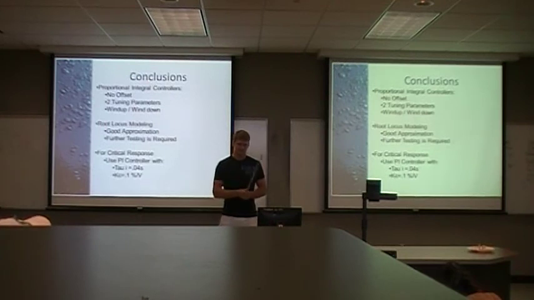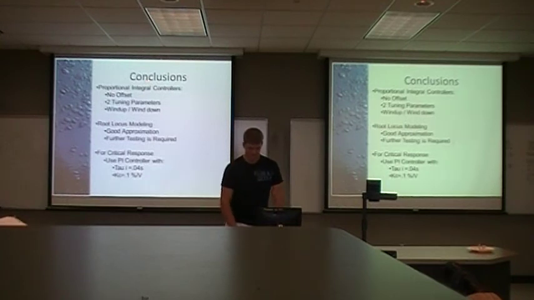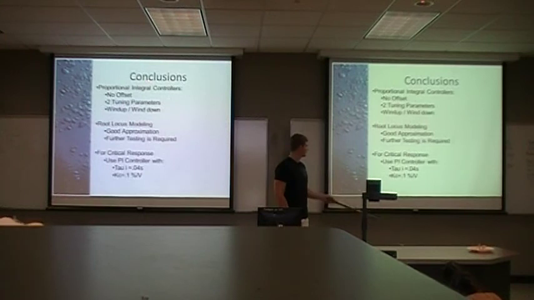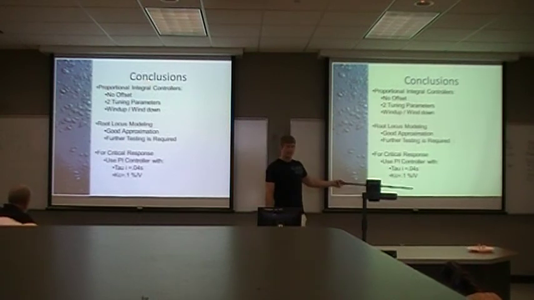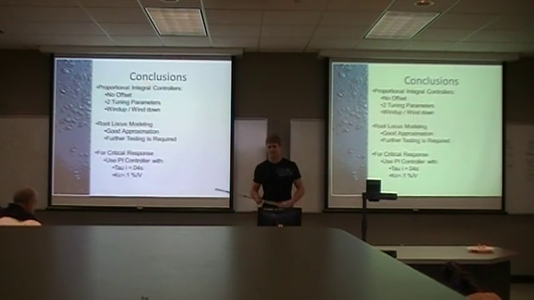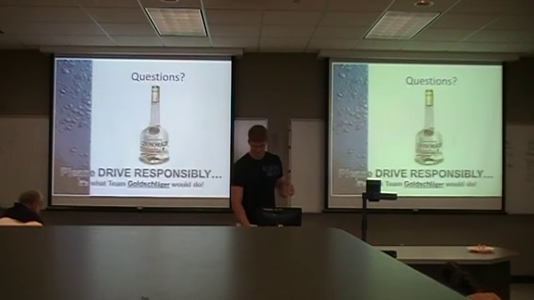But it's just a model, so further testing is required to find your better parameters. For a critical response, we at Goldschlager recommend using a tau sub I of 0.04 seconds with a Kc of 0.1. This will give you a quick response, but won't have the thing.